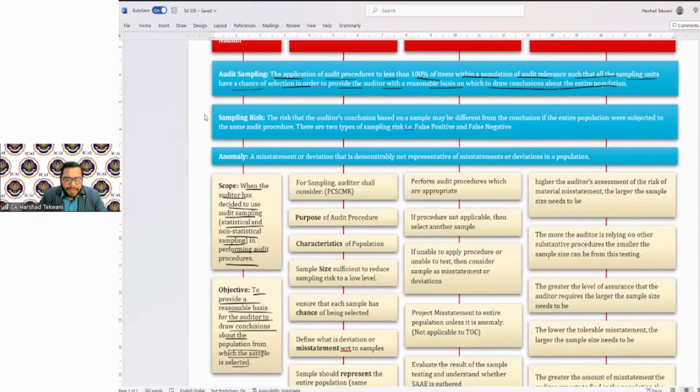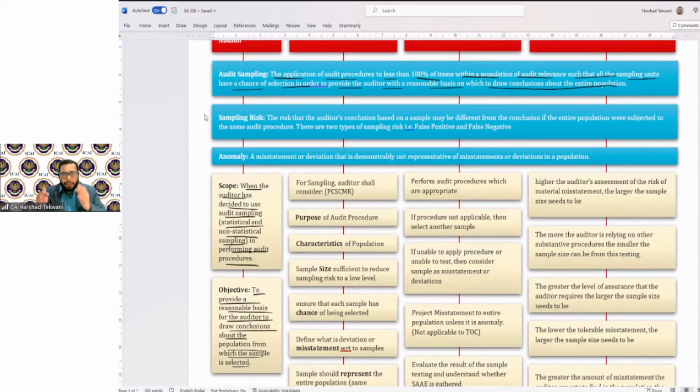Whether it is a statistical method, risk based, or any of the multiple sample selection methods, each and every sampling unit has a certain chance of selection. That chance depends upon the method of sampling. In random sampling, they have an equal chance, but they all have a certain chance of selection, in order to provide the auditor with a reasonable basis.